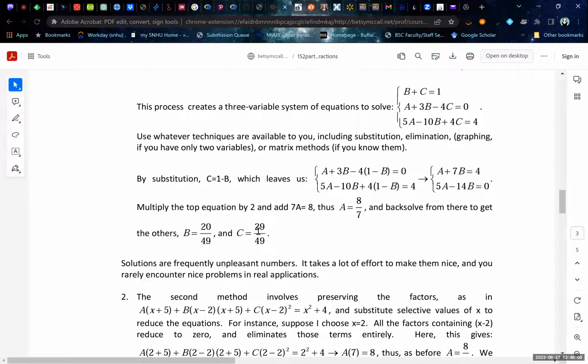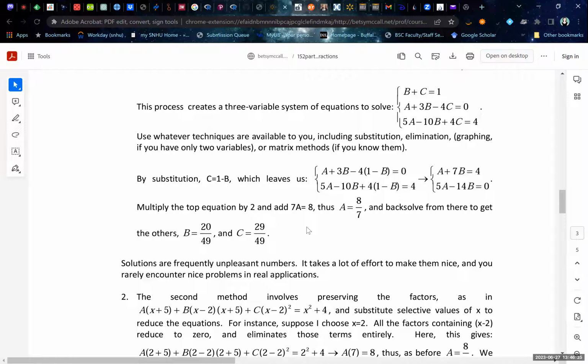If you know how to use matrix operations, you can also use them in order to solve these problems. That also works just fine. The more variables you have, the more the matrix is the way to go.